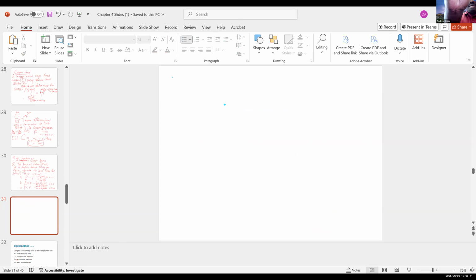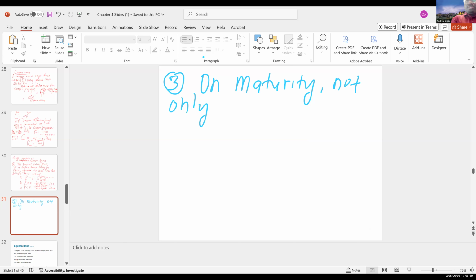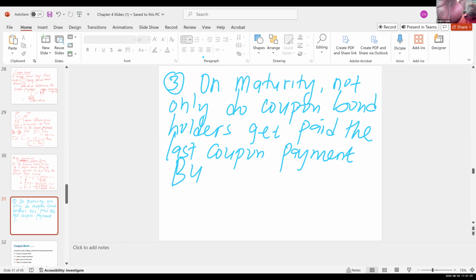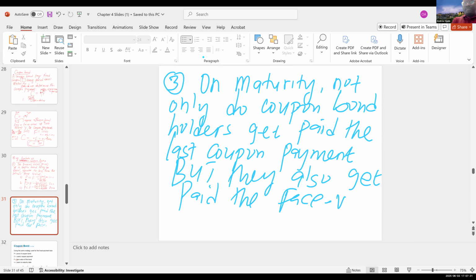The third is that on maturity, not only do coupon bond holders get paid the last coupon payment, but they also get paid the face value of the bond back.